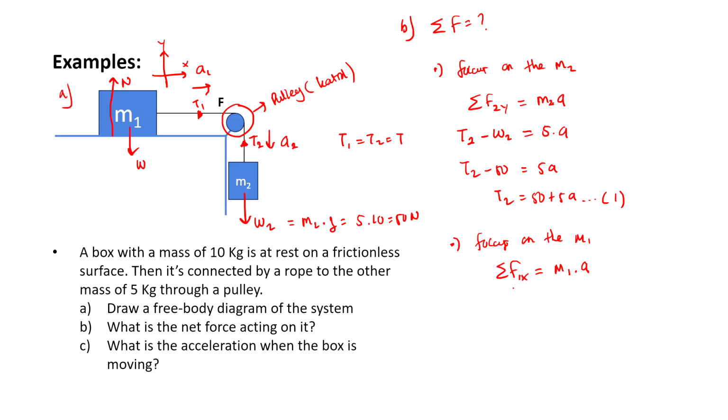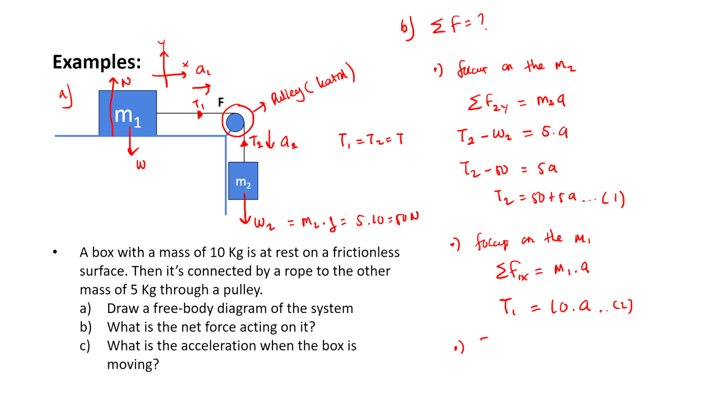Sigma F1x is equal to T1, because there's no other force acting on M1, so it's just T1. M1 is 10, then a is still a. It's the second equation.